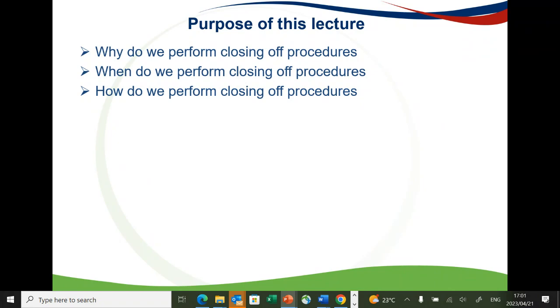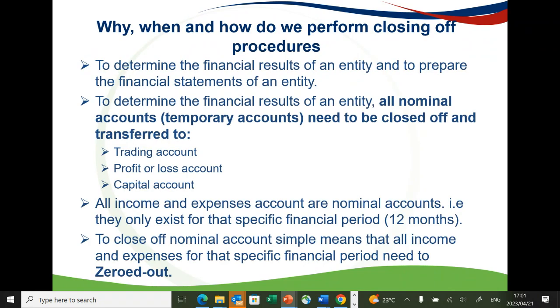So the reason we perform closing off procedures firstly is to determine the financial result of an entity and also to prepare financial statements. So for us to know how much profit has been made by that particular entity, we need to do the closing off procedures. I will explain the process below, how it's actually done.